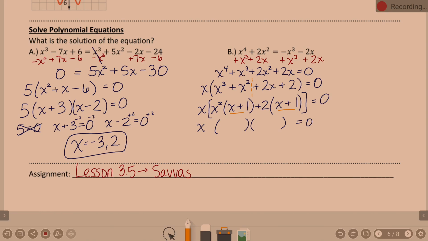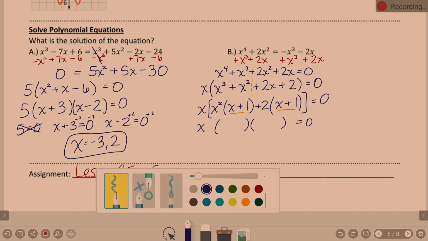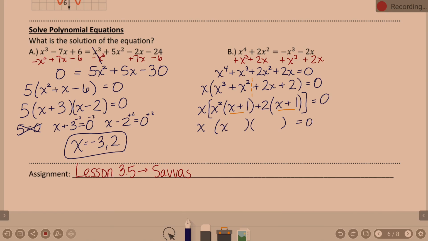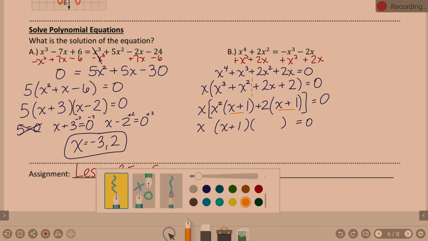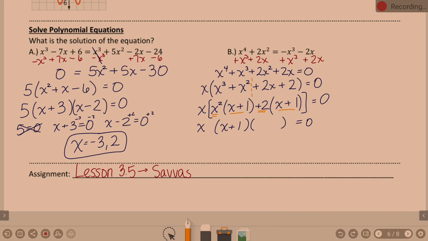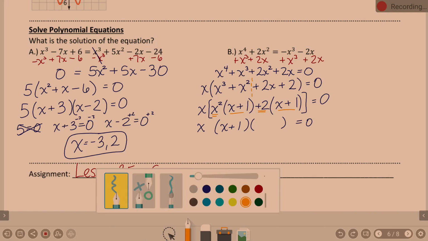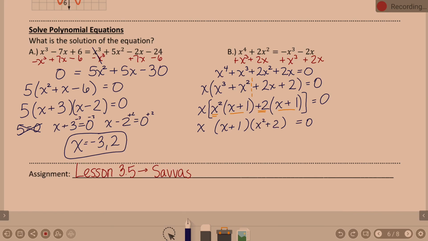Okay? So one of your parentheses is the matching x plus 1s. Does it matter which parenthesis? It does not. Your other parenthesis comes from your GCFs. My GCFs were x squared plus 2. And now it's all factored.